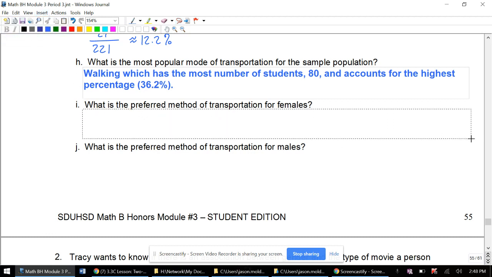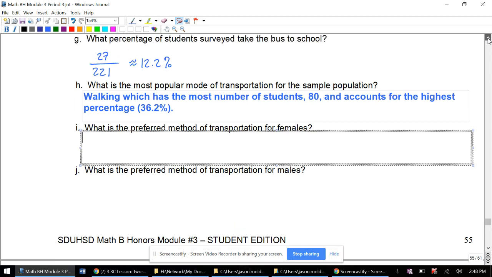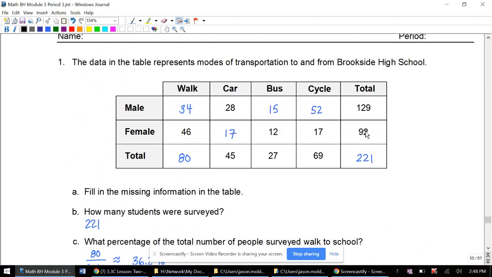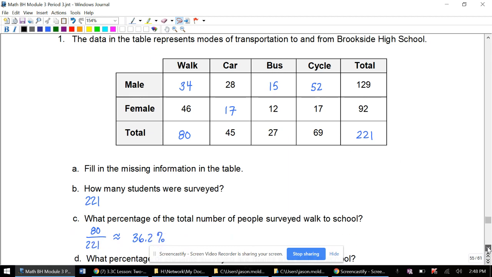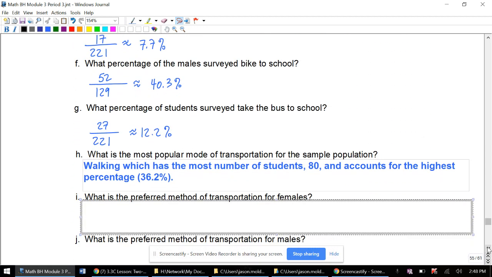what's the preferred method of transportation for females? So for females, it is walking, 46. And I don't know if we ran that number. Did we do that one? If not, we can include it now.